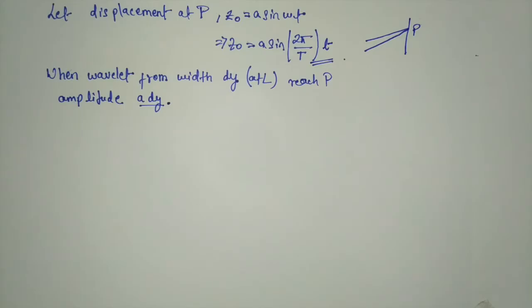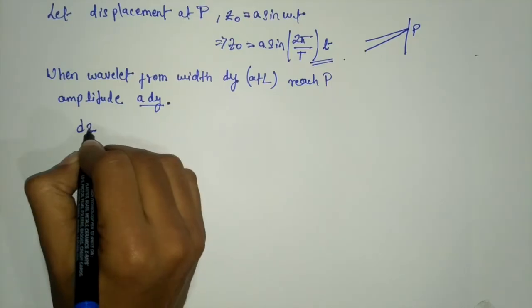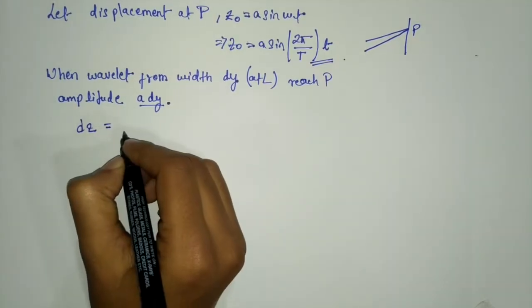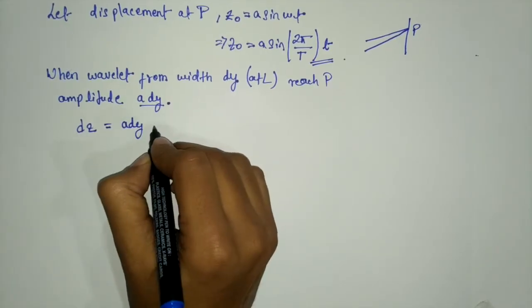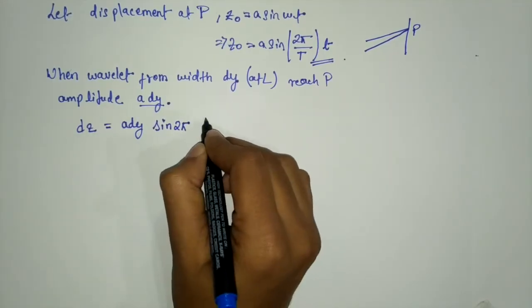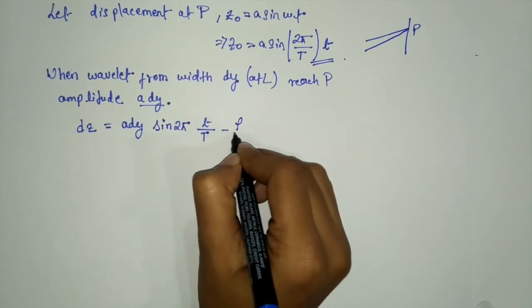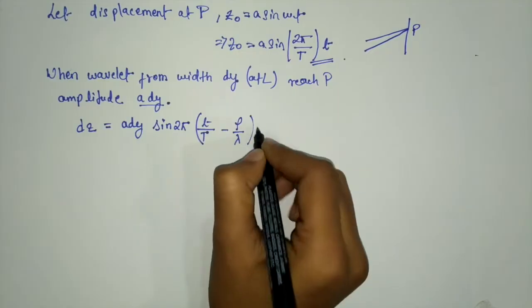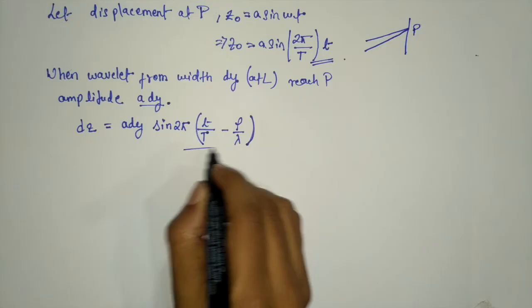Hence, the displacement at P due to the elemental dy at any time t will be given by dz, that is dz then will be given by A dy into sine of 2 pi into small t by capital T minus rho by lambda. So remember this value.